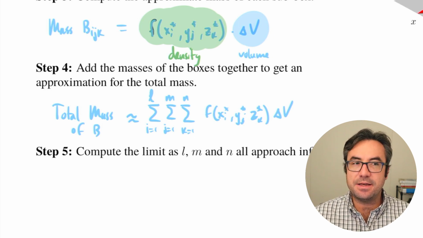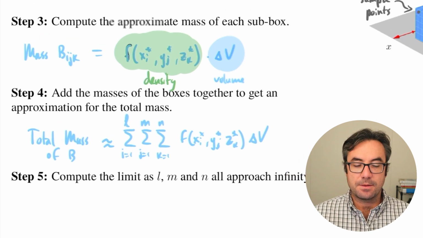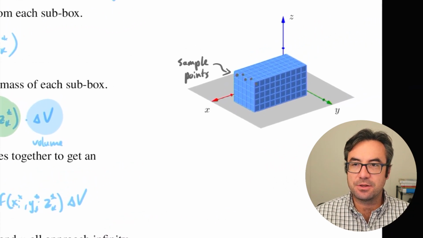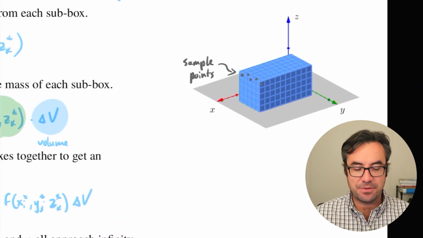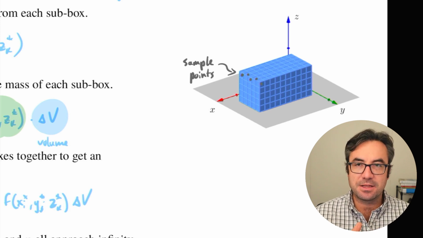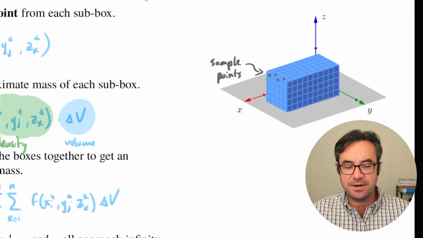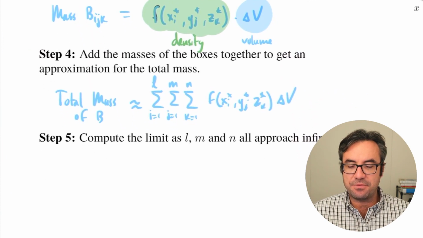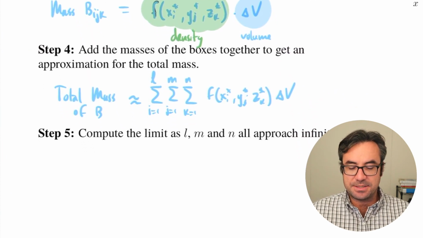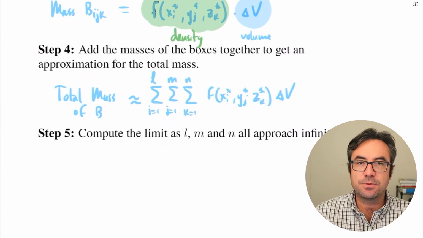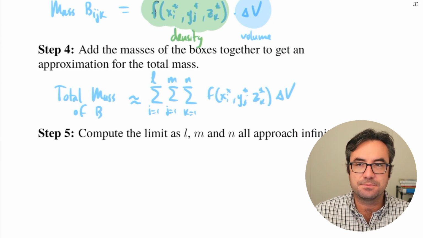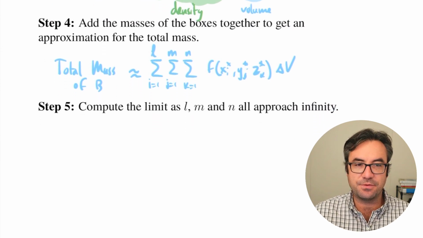And then the idea is we want to take this to its theoretical limit. So we're not satisfied with just a kind of crude grid like this. We want to use more and more little pieces. We want to make a finer and finer grid here. And so the final step to get that really fine grid is to take the limit as we use more and more subintervals, so as L, M, and N all approach infinity.